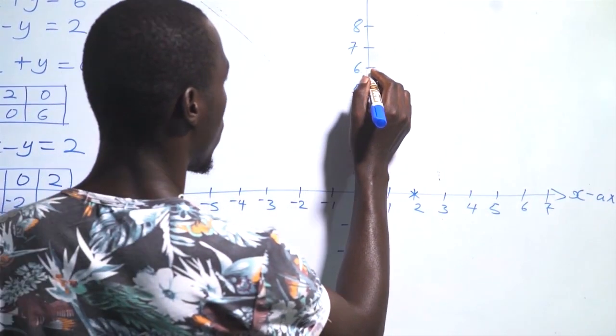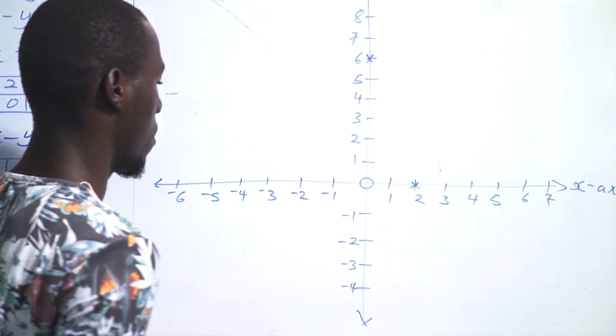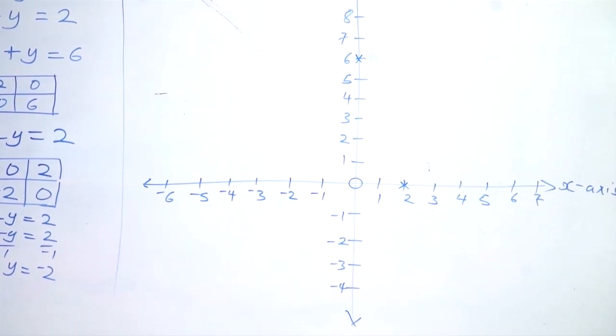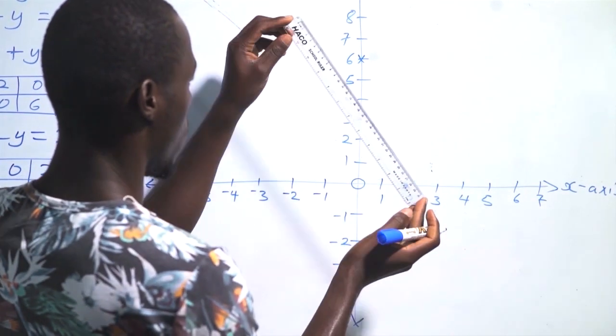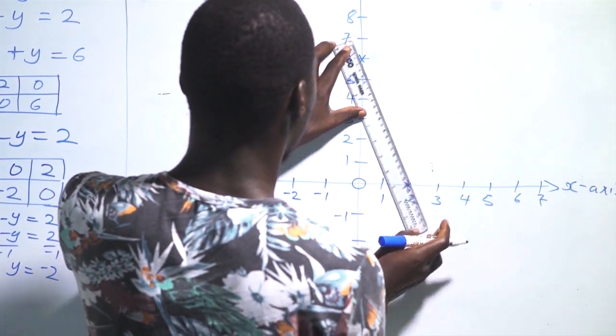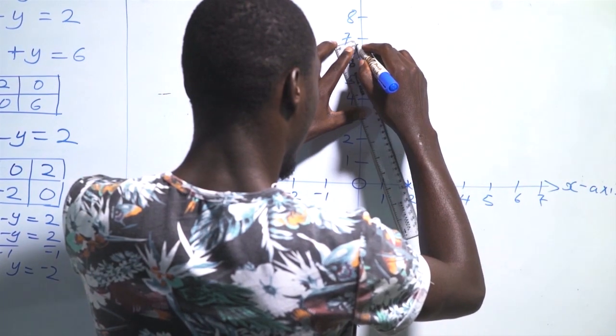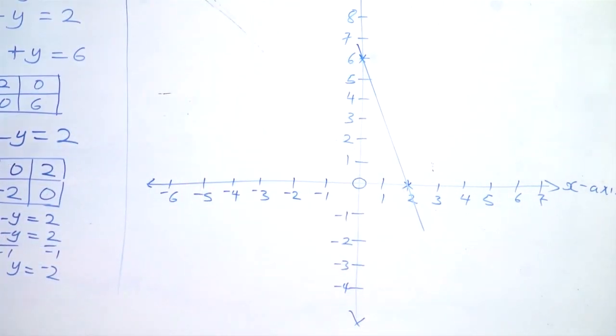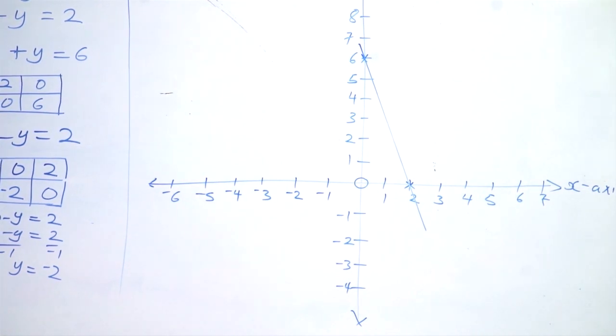X is 0, y is 6, is that point there. Then I join the 2 to form a straight line. I'm improvising with my ruler here. So I've joined the 2 to make a straight line.